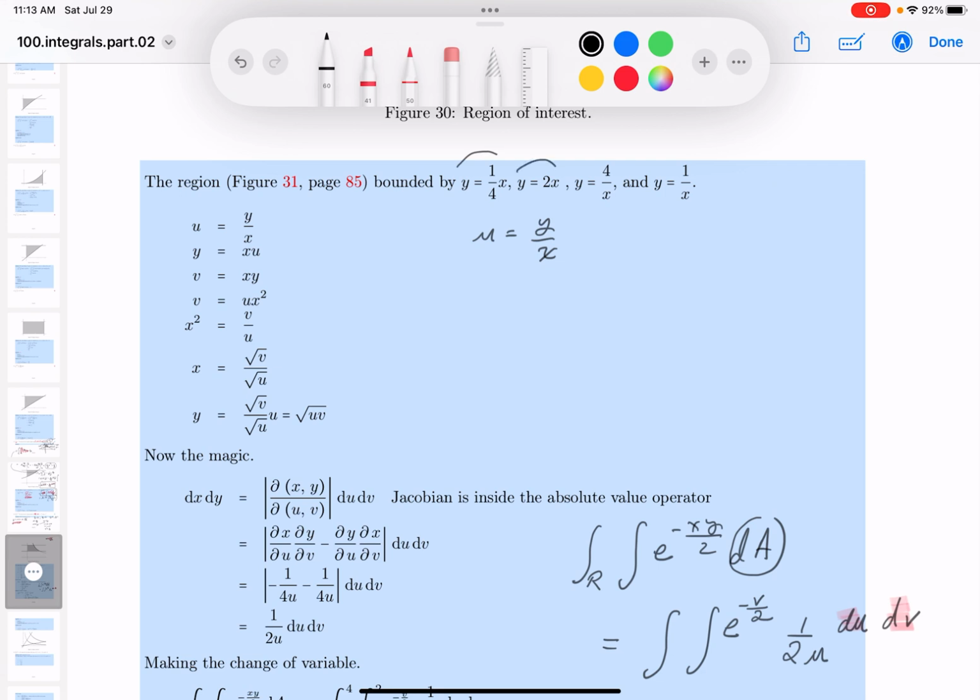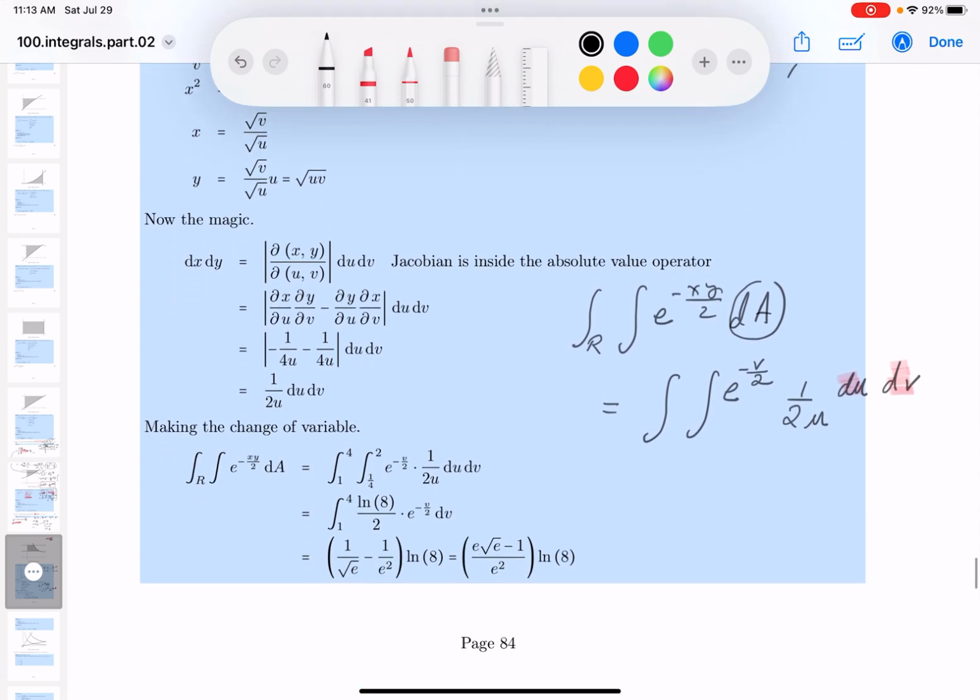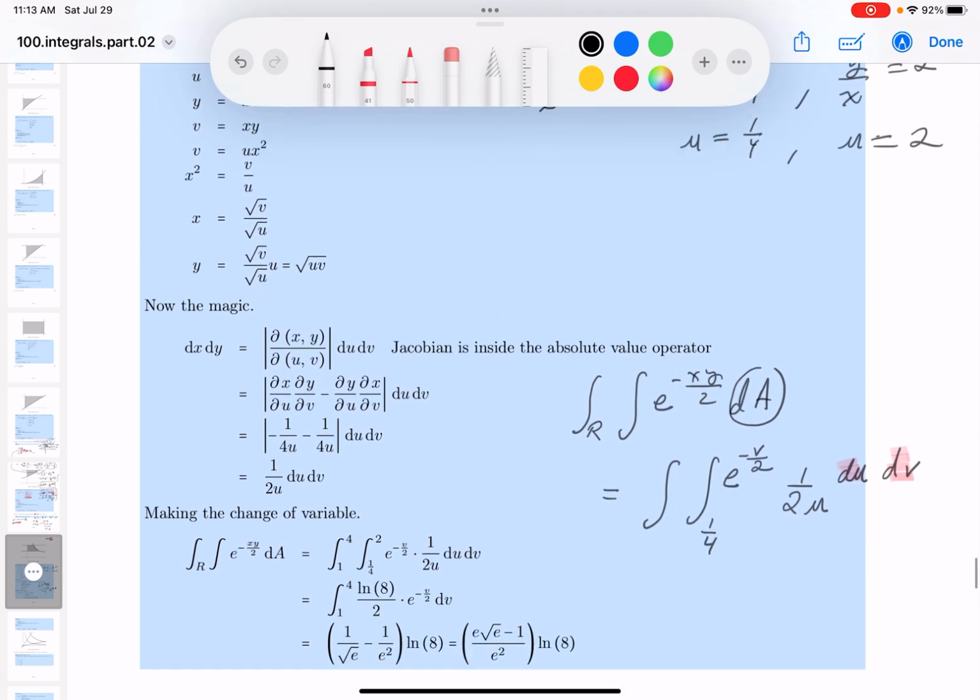Let's write this down. So y over x is equal to 1/4. That's right here. The other one is going to be y over x is equal to 2. So u is going to be 1/4, and then it's going to go up to 4. I'm sorry, to 2. Let me write that down. So 1/4, I just forgot what I said, up to 2.